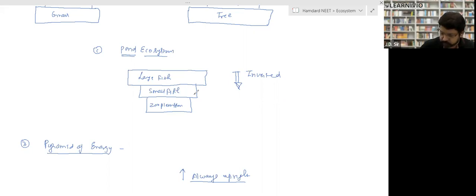Done? Okay. Now, last but not the least, pyramid of energy. It will always be erect, because of the 10% law. At every trophic level, energy will reduce. So the perfect pyramid is the pyramid of energy. Clear? Please note it down.